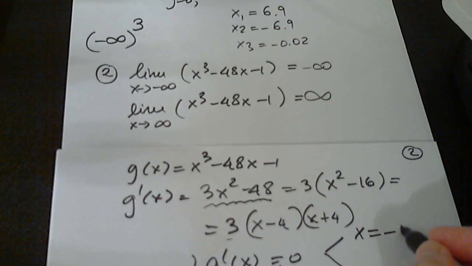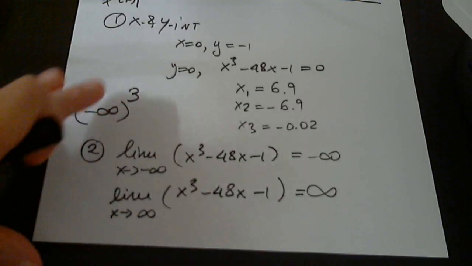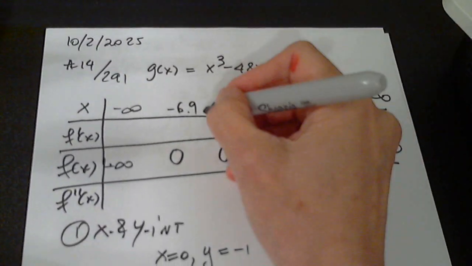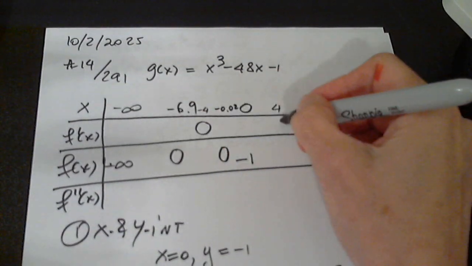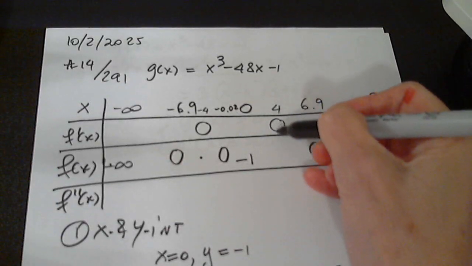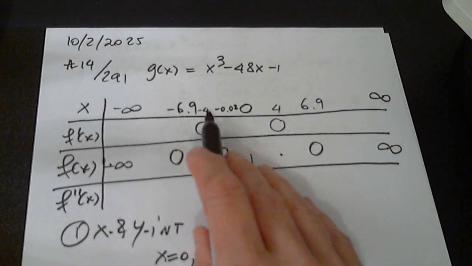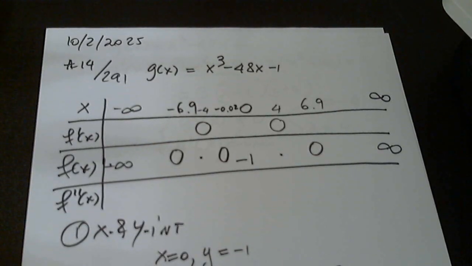Negative 4 and positive 4. Good. So I go back to my table. It's going to get very crowded in here. So negative 4 and positive 4. Immediately I have to identify the y value for the critical numbers. And you know exactly what I'm going to do.